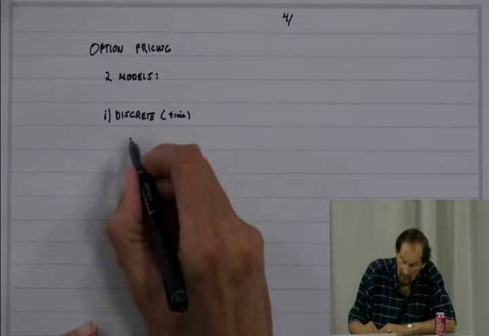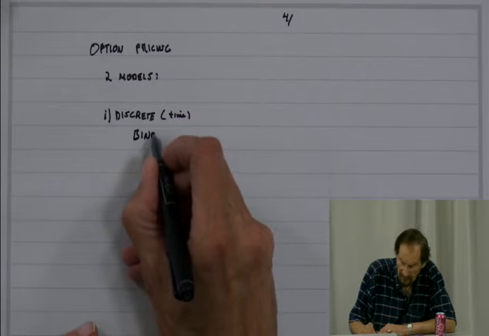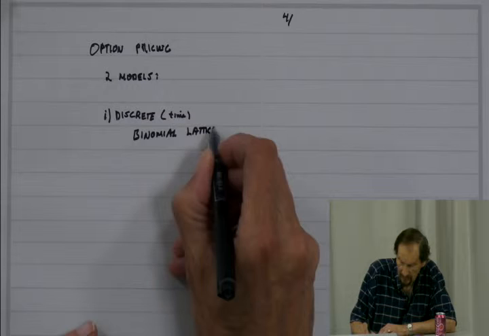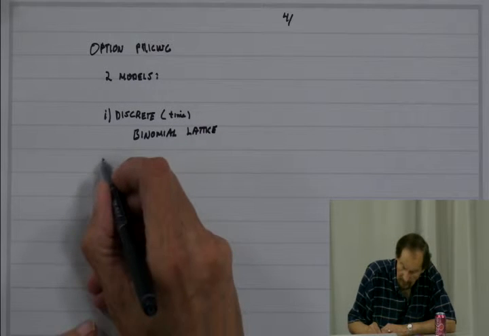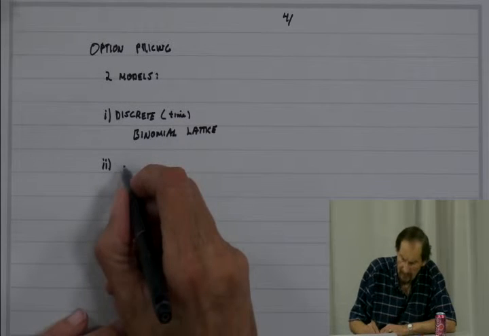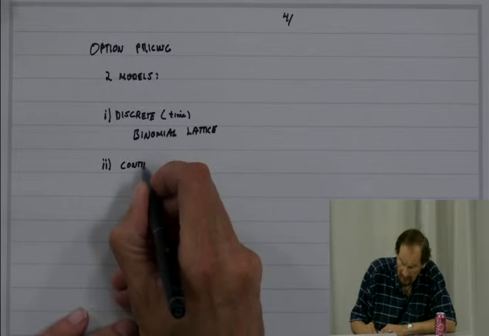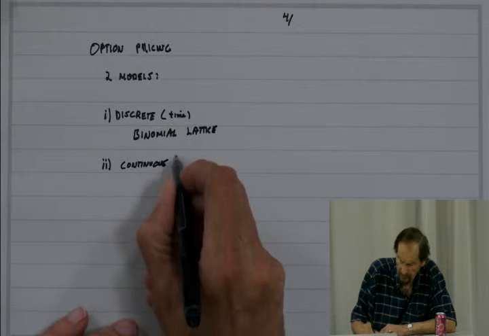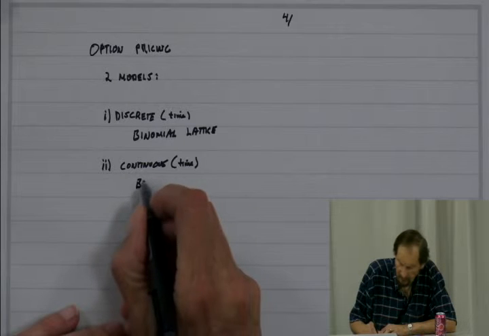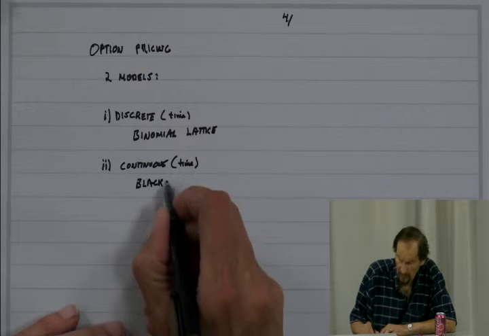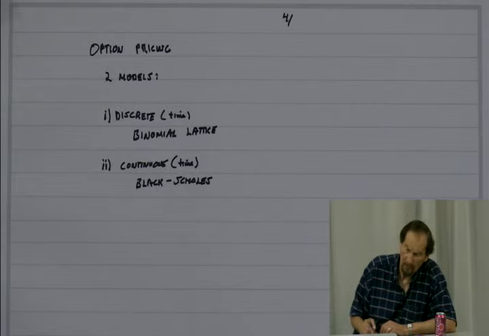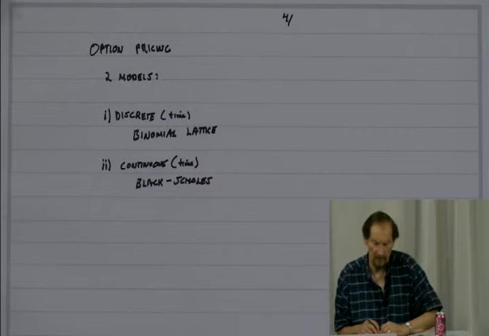And this is called the binomial lattice. Then we have another one whose mathematics is a little more difficult, considerably more difficult, called the continuous time. And this is the Black-Scholes model.